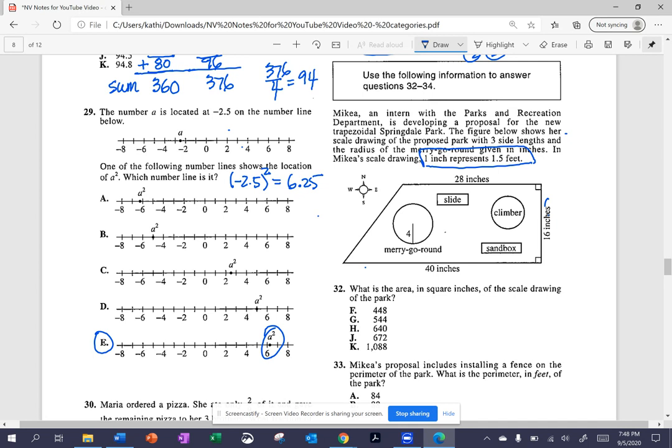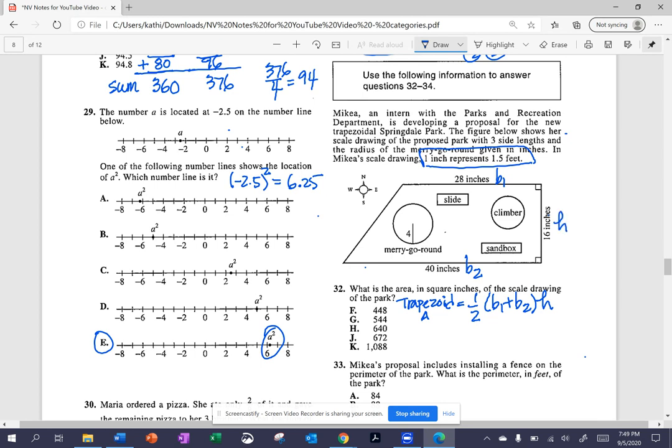So I have a trapezoid shape. The area of a trapezoid is 1/2 base 1 plus base 2 times the height. So in my drawing, I'm going to say this is base 1 and this one is base 2, but it doesn't matter which one you call 1 or 2.